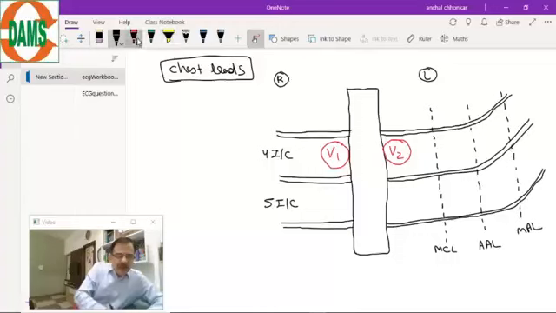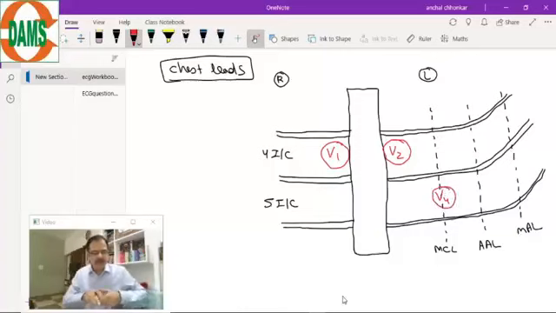The V4 lead is placed in the mid clavicular line, fifth intercostal space. You must have seen the technician putting those chest leads on the intercostal spaces. Now V3 is between V2 and V4, so it is somewhere here. Usually in the fifth intercostal space we place this between V2 and V4.